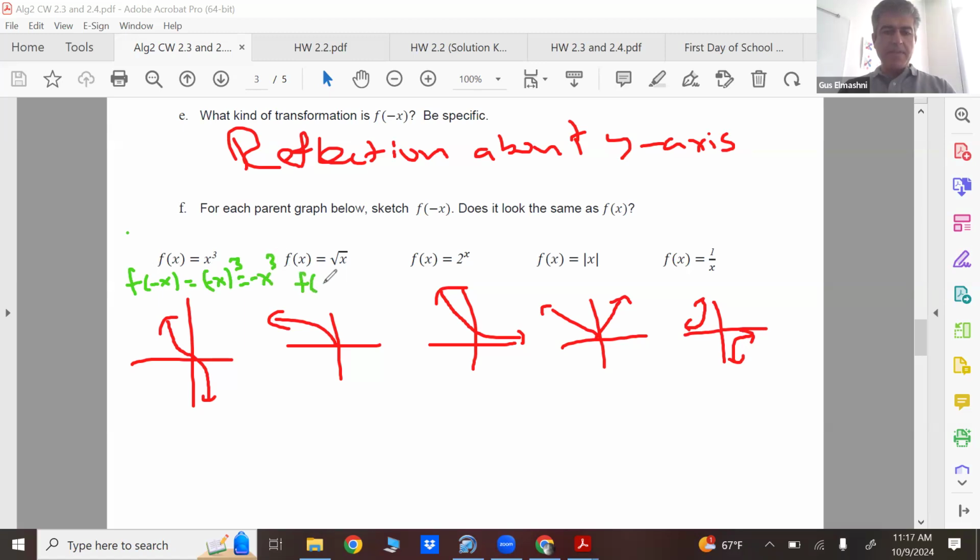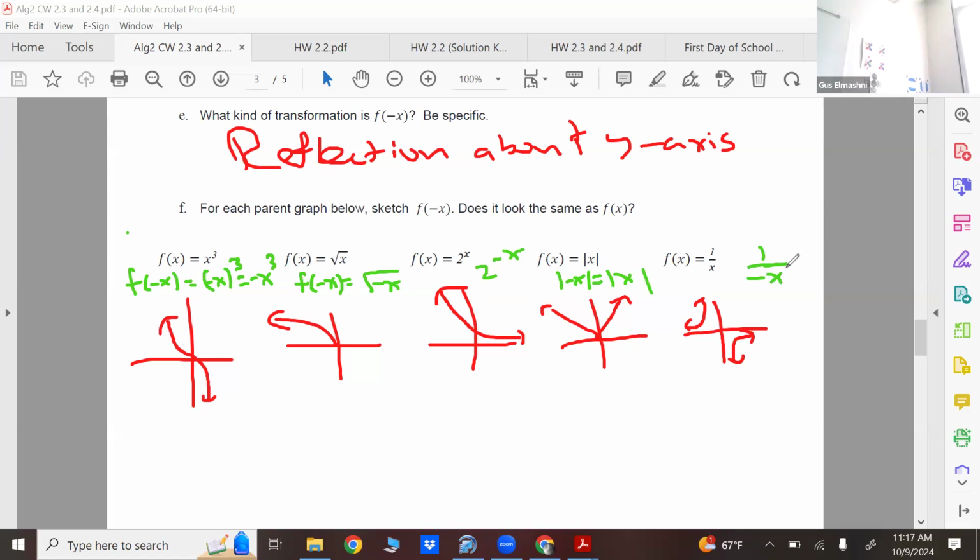But here, if I do f of negative x, I get that. Well, here I get this. Here I get, which is just back to absolute value. And here you get that.